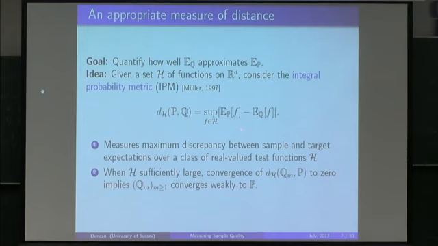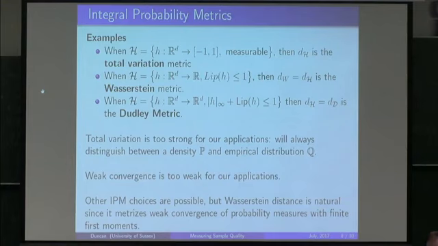If you take H to be large enough, it's a proper metric. If you take H sufficiently large, it is as strong as weak convergence. And different choices of H will give rise to different measurements of distance and different topologies.